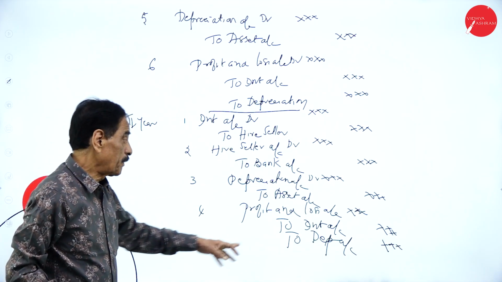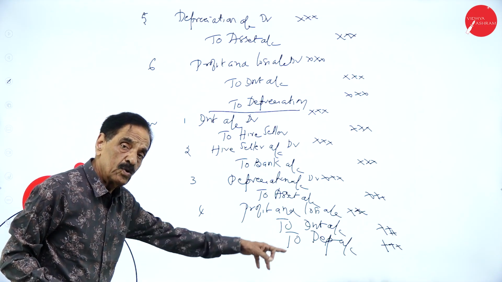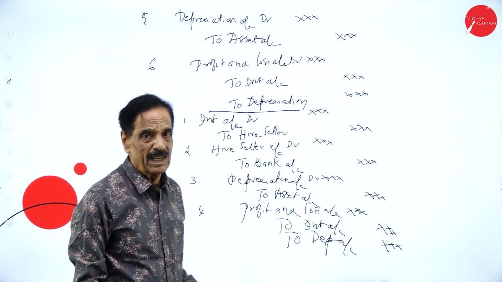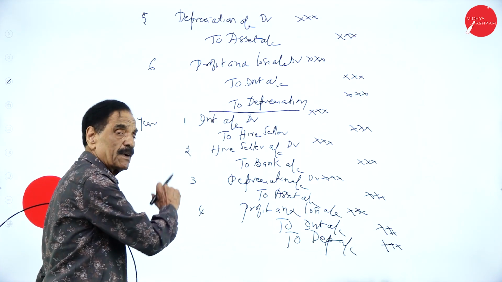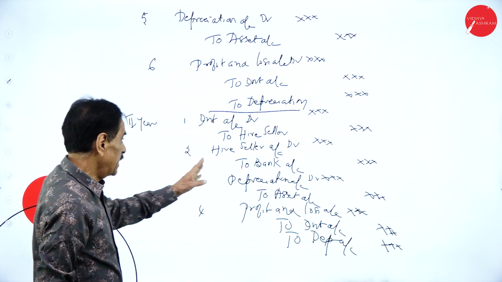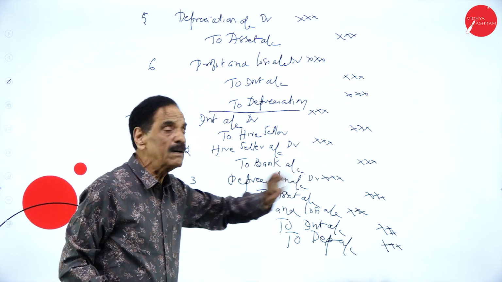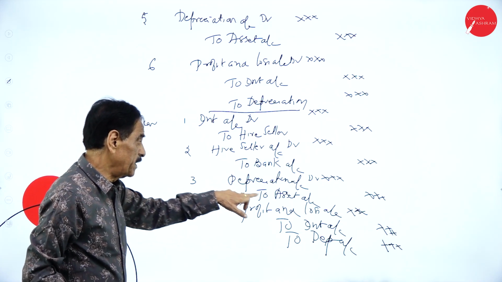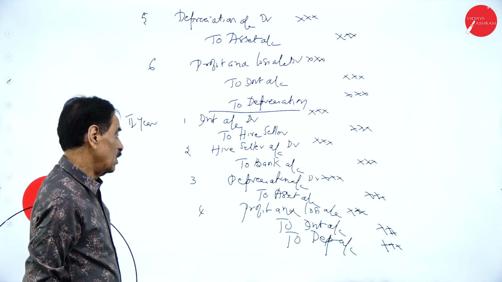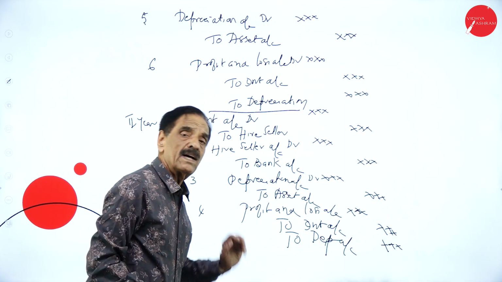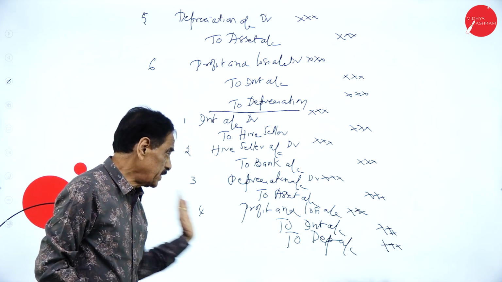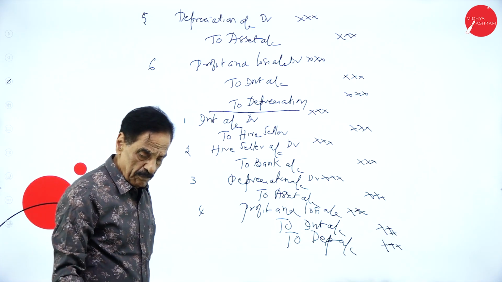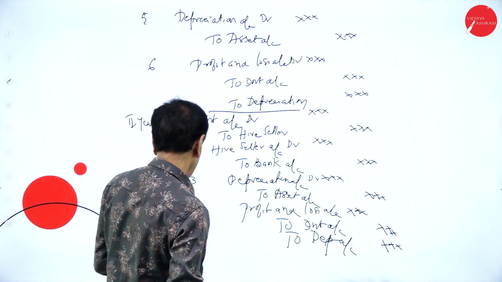Last entry, profit and loss account debit to interest account, to depreciation account. So it goes like this for all the years. Second year starts from interest account debit to hire seller account, hire seller account debit to bank account, depreciation of that year, depreciation account debit to asset account, profit and loss account debit to interest account and depreciation transfer entry. It goes like this. We will move on to our problem now.